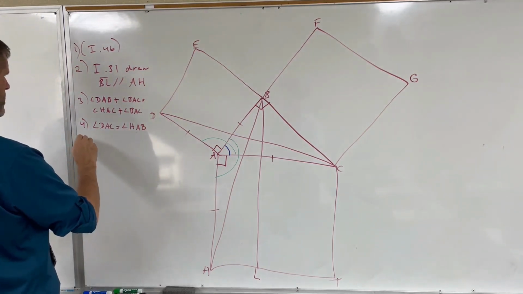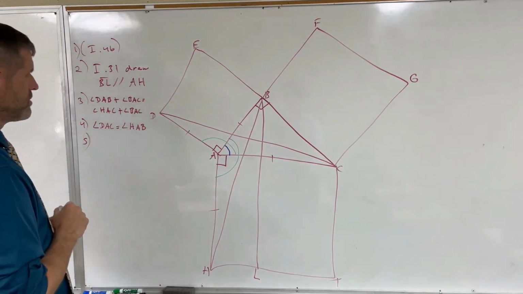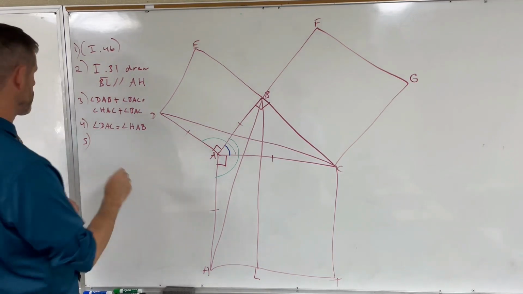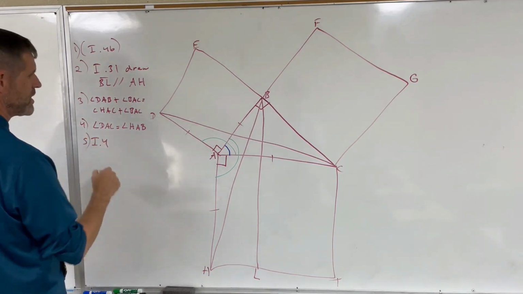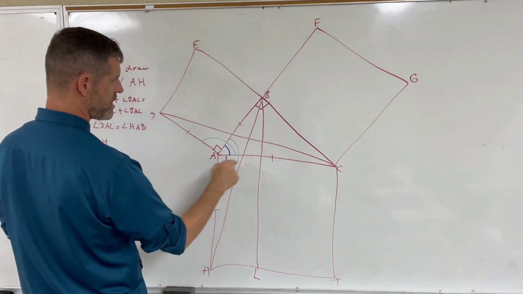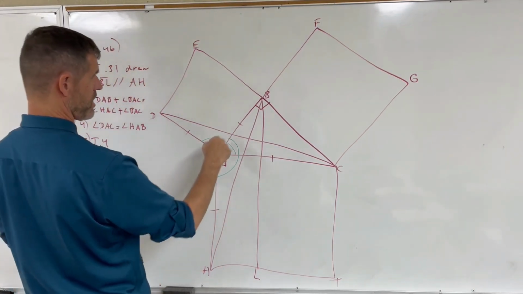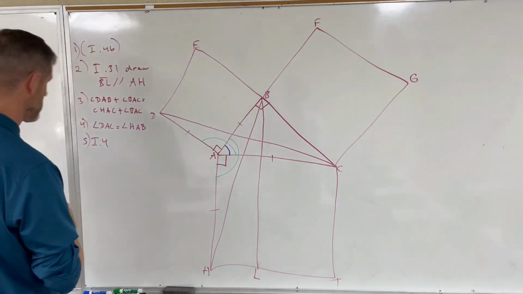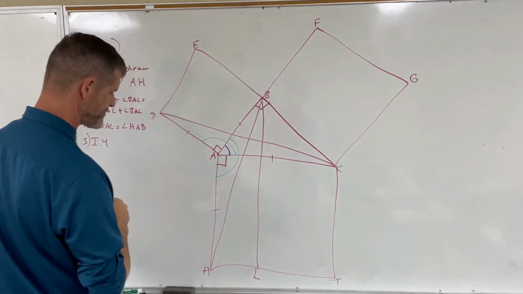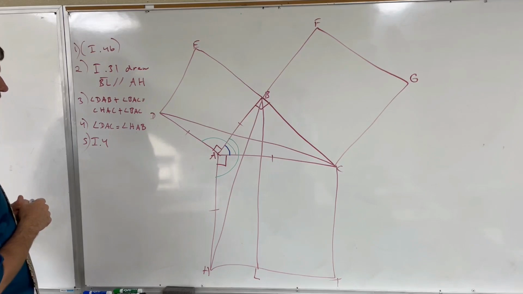And now we can show via Proposition 4 of Book 1 that the triangles DAC and HAB are equal because of side-angle-side.